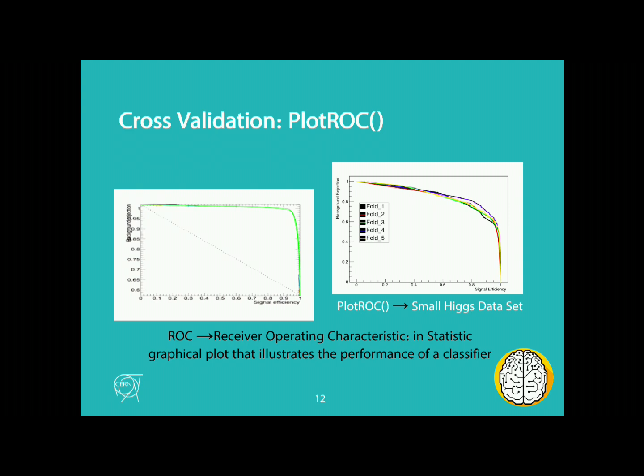In this case, I have 5 folds, so I have 5 curves here. I just brought here the worst and the best methods I could have. The best method should be like this, but in my case, the method that I was using is quite good.